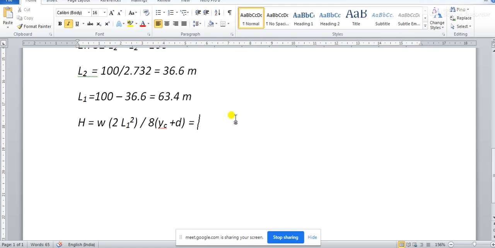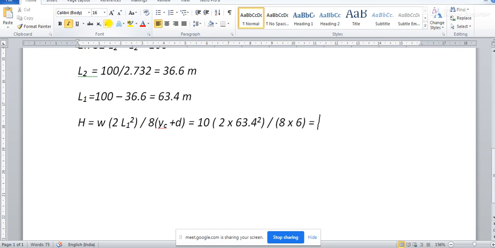Let me put the values, because anyone may not understand. 2 into L1 squared means 63.4 squared, divided by 8 into YC plus D, which is 6 meter, right? So this will give you how much?